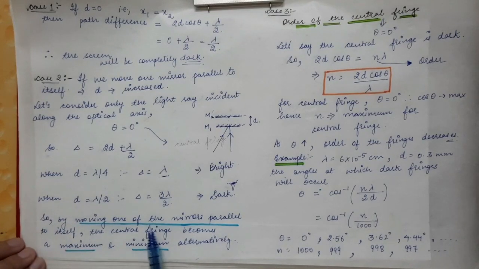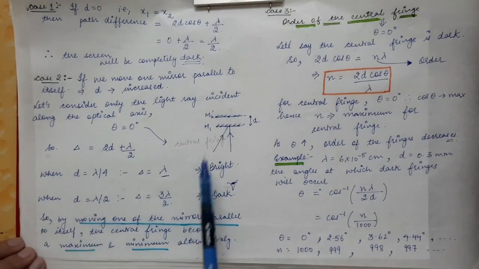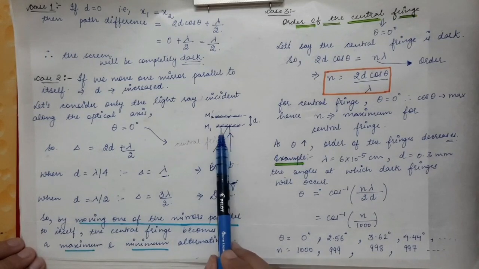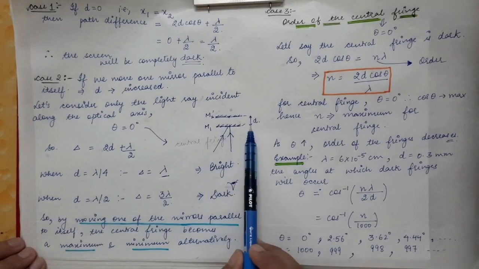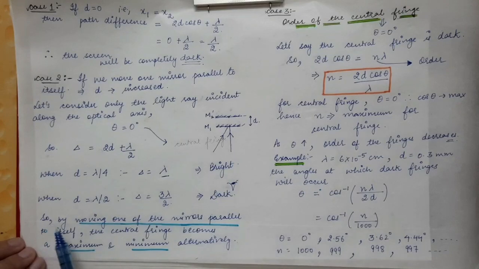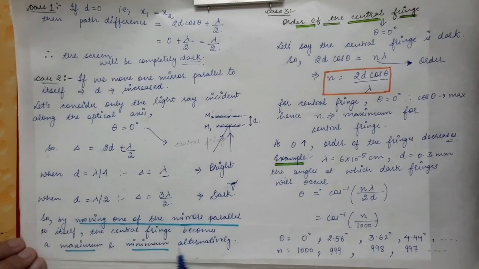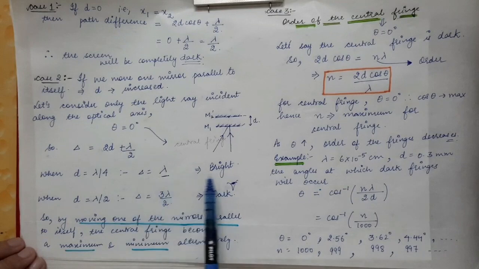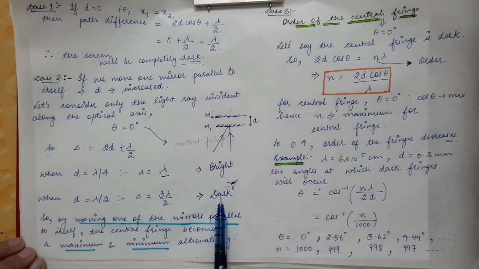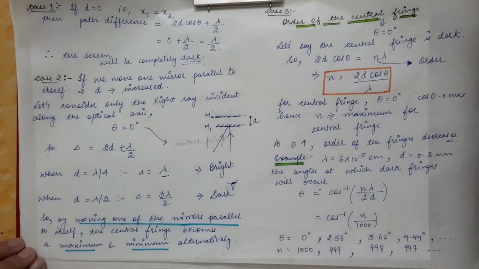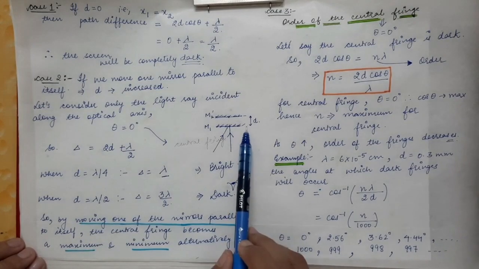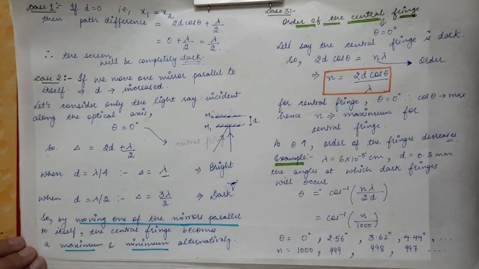So by moving one of the mirrors parallel to itself, here we are moving the M1 mirror because screws are generally attached to the M1 mirror, the central fringe becomes a maximum and minimum alternately. So first it has become a bright fringe, then a dark fringe, then again it will become bright, and so on. So this is how the nature of the central fringe changes as the distance between these mirrors is increased.